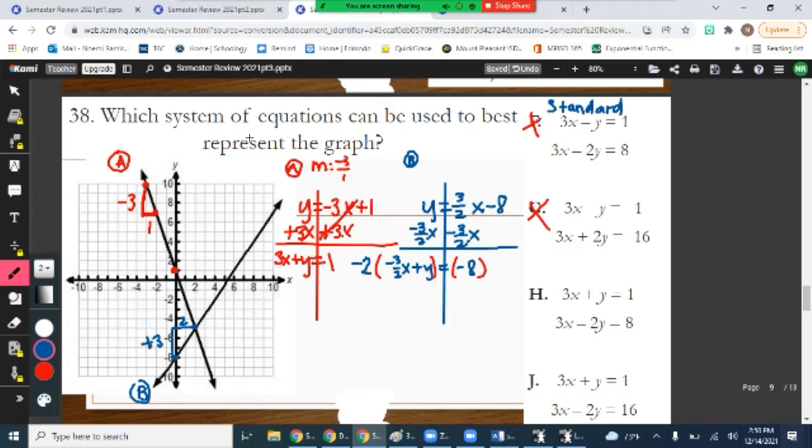So yes, -2. And when we multiply, we distribute, meaning you multiply by everything. When you multiply 2 times -3 over 2, you should get positive 3x. -2 times positive 1y is minus 2y. And -8 times -2 is positive 16. Your answer is J.